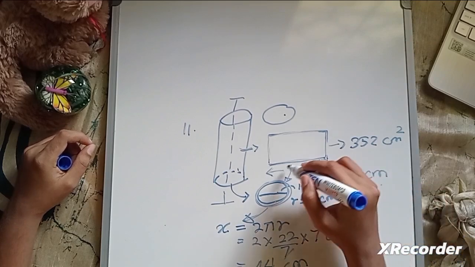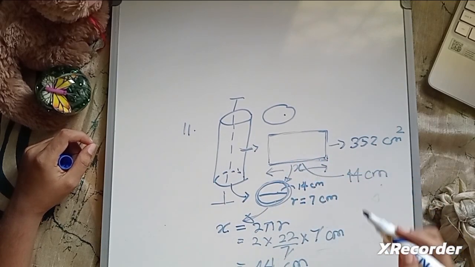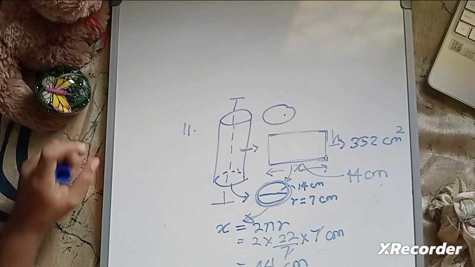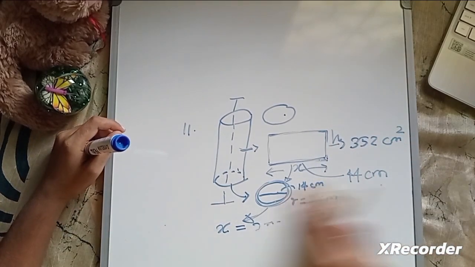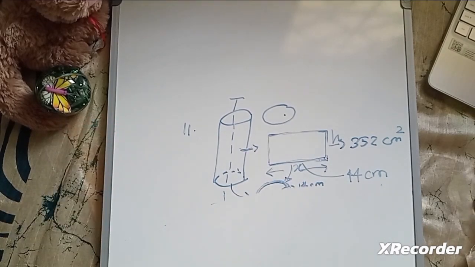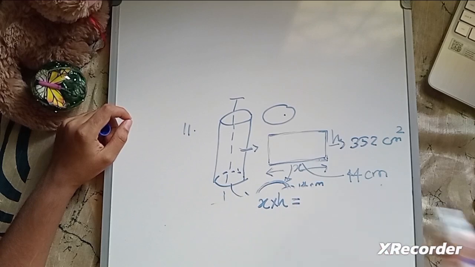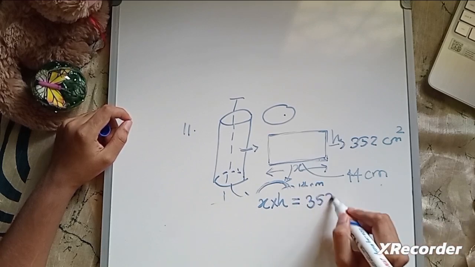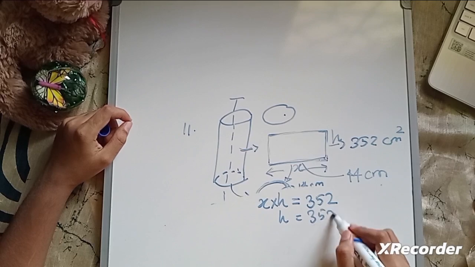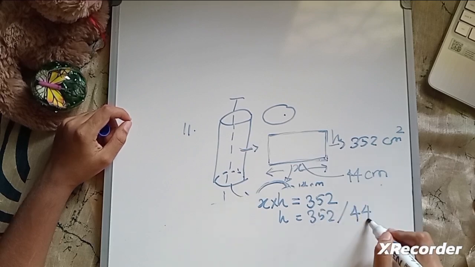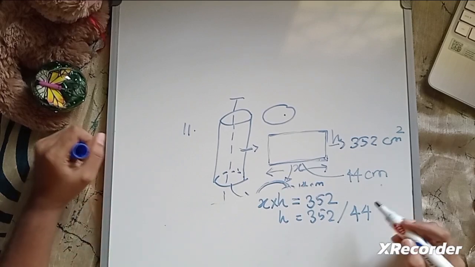We find the length of this. So this is x, and if we take this as h, we can write the area as x into h. They have given the area 352, and we know the value of x, it is 44, so we can divide 352 by 44.